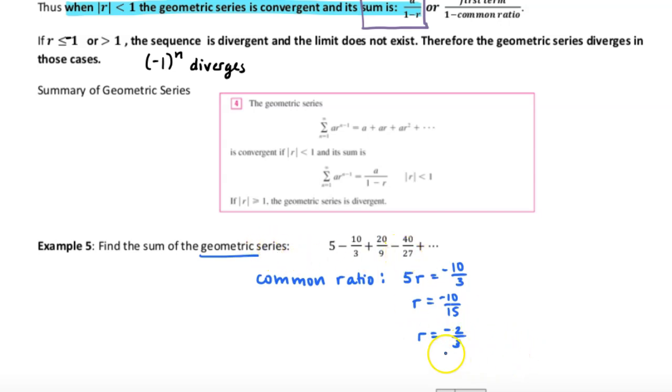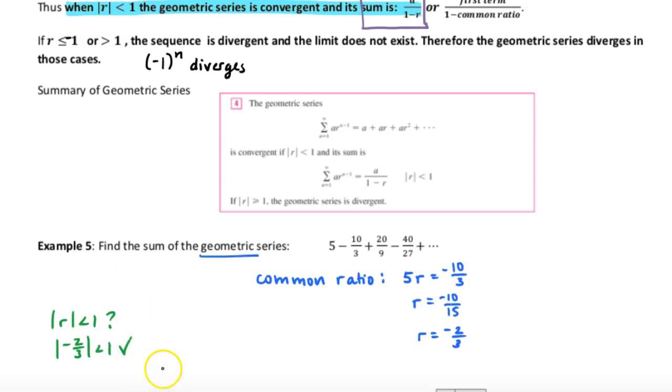Because this is a geometric series, I'm looking at my r value to see if it converges or diverges. And my question is: is the absolute value of r less than 1? Well, the absolute value of -2/3 is 2/3, which is less than 1. Great.